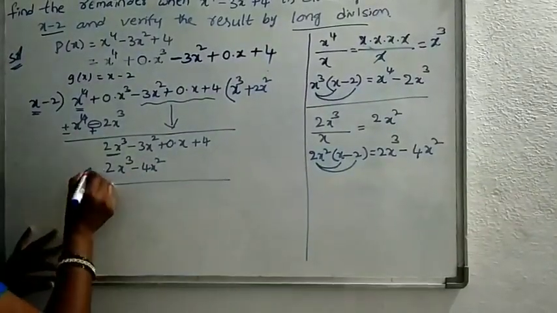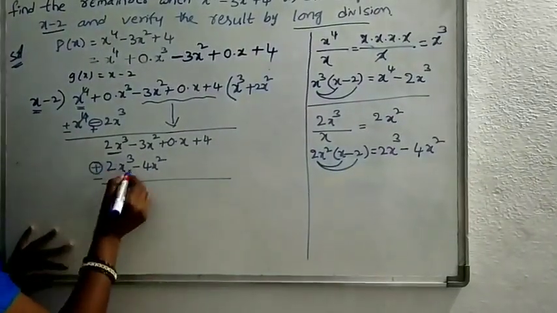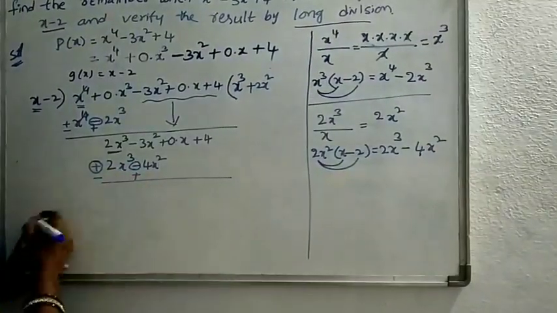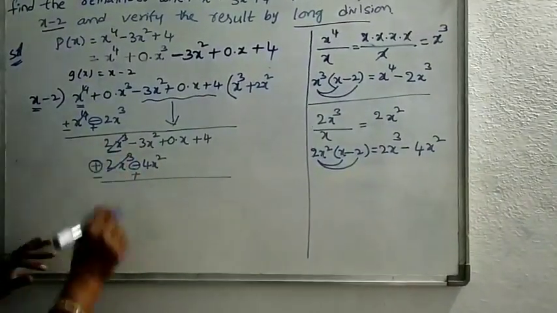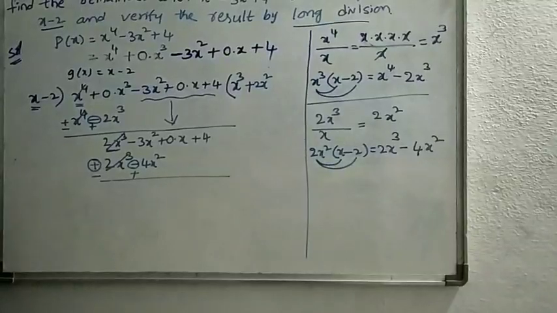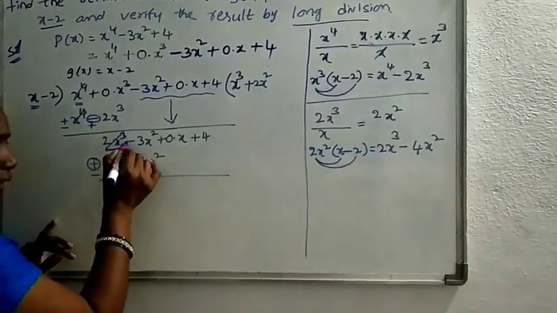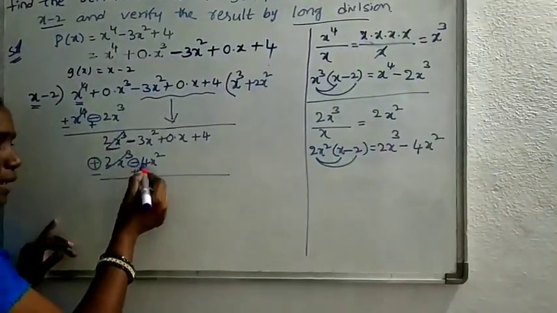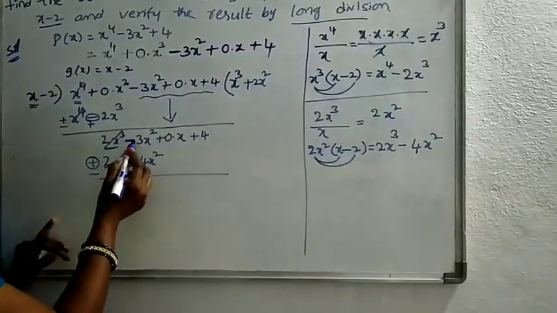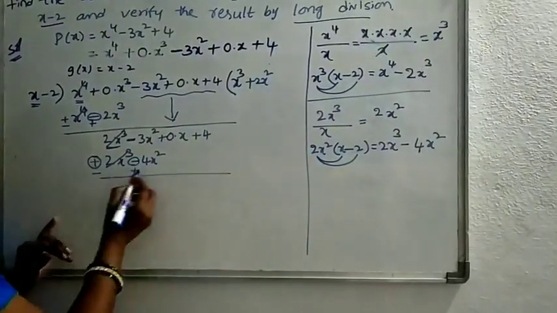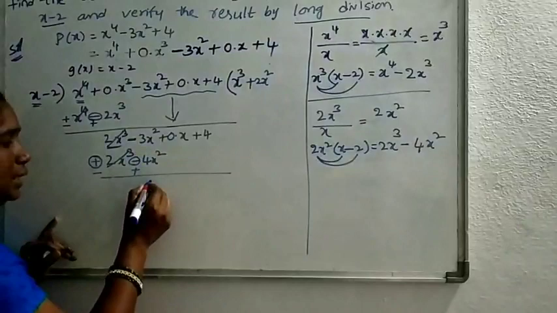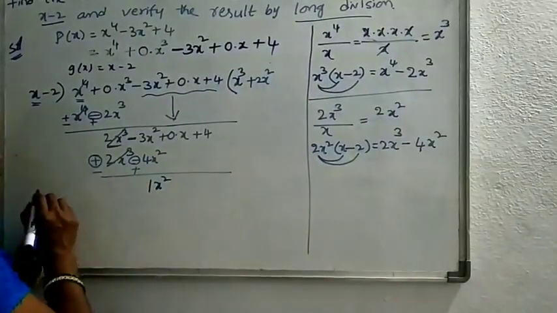Now again subtraction. Minus and here plus. Plus 2x cube and minus 2x cube getting cancelled. Minus 3x square plus 4x square. One is negative and one is positive. So we have to subtract. 4 minus 3, 1x square.